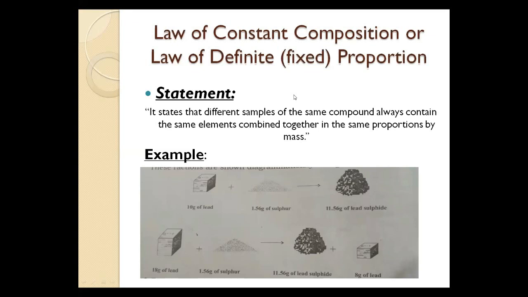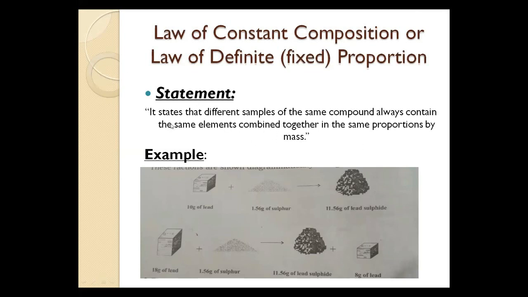This means water has 1 to 8 parts by mass. Whether we take water from a river, pure water from rain, water from a water pump, from a laboratory, or from our house, all types of water have the same proportion by mass of the combined elements.